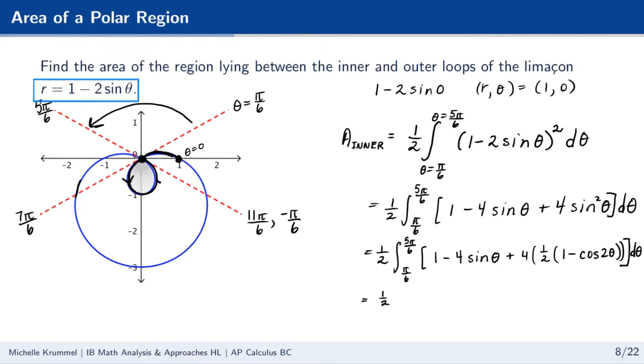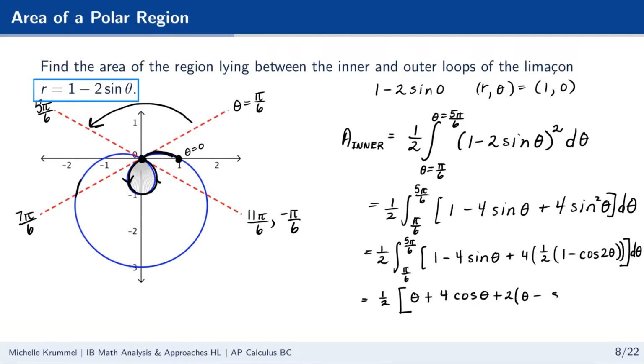And I'm running out of room, so I'm not going to do an extra simplification step. Let's just go right for the integral. So integrating the 1, we get theta minus 4 cosine theta. The derivative of cosine is negative sine, so that needs to be a plus. Now here the 4 times the 1/2 is 2. The integral of the 1 is theta.